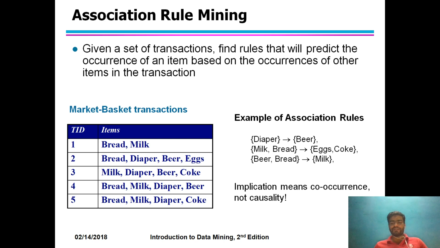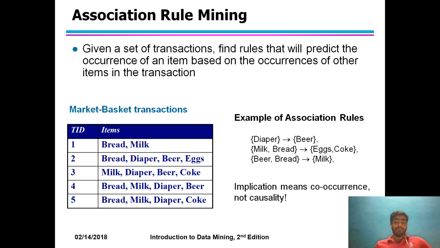So, this is an association rule. Whenever a customer buys a diaper, there is a chance that he buys a beer. Whenever a customer buys beer and bread, the chances are that he will buy milk.